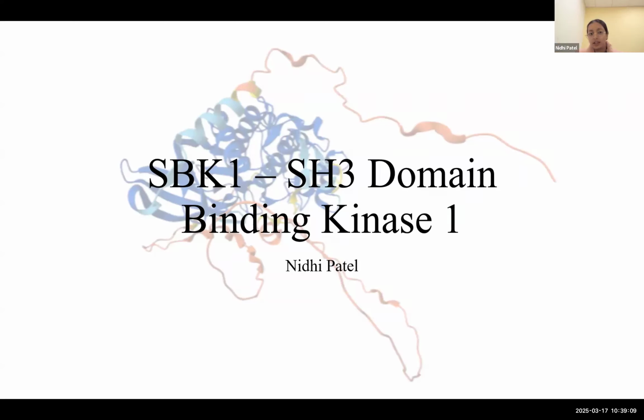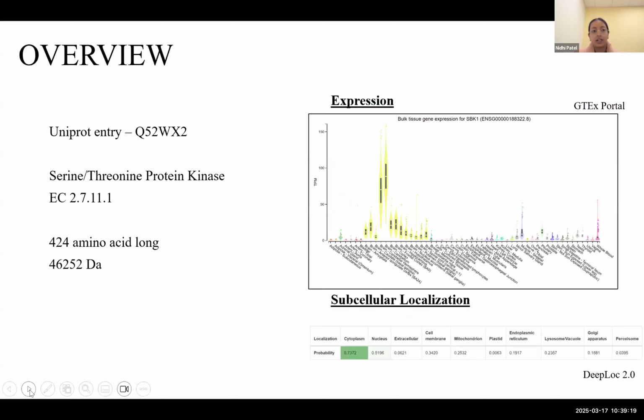My name is Nidhi Patel, and I'll be presenting on the kinase SBK1, which is also known as SH3 domain binding kinase 1. And then here I have the UniProt entry. It is a serine threonine protein kinase, about 424 amino acids long, with a molecular weight of 46 kilodaltons.